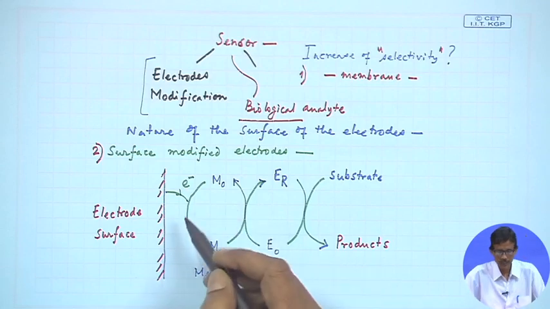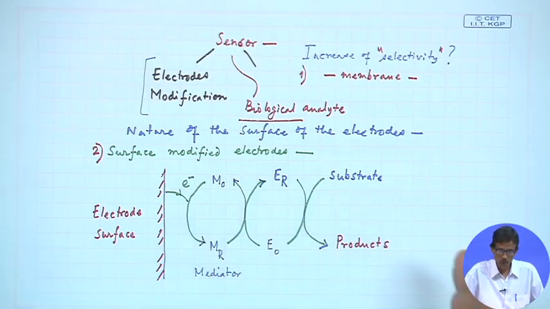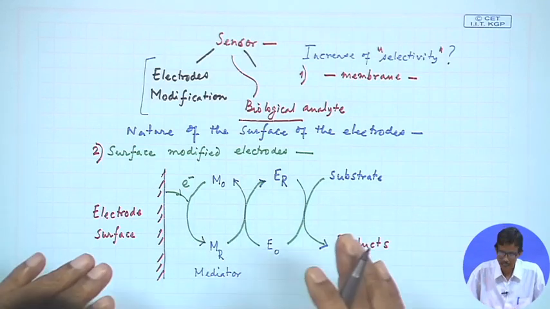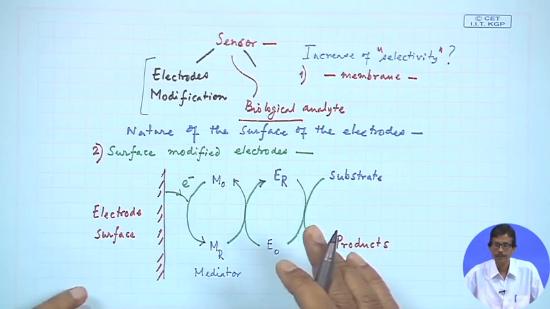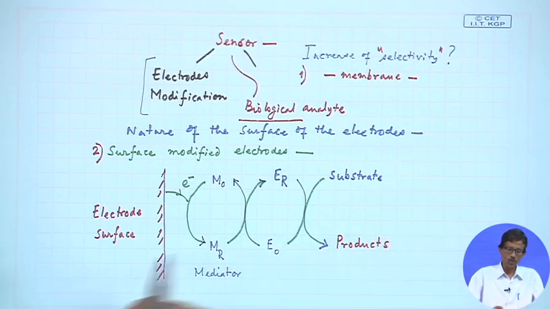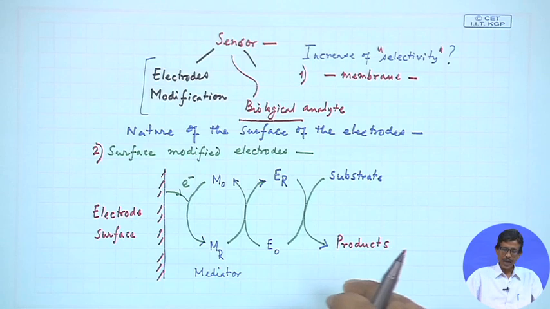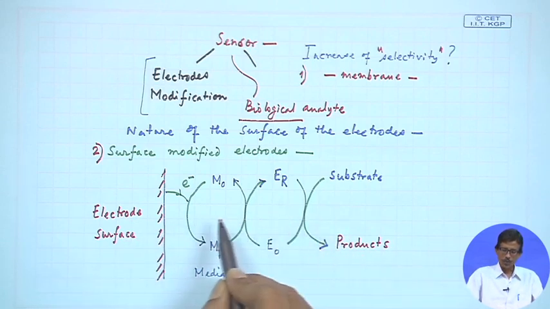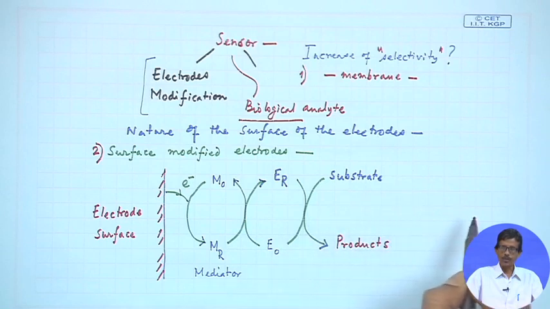So, that is why you use some mediator. That is why we know there are a large number of mediators available in biological systems. Suppose in cytochromes, the cytochrome C oxidase, there are a large number of mediators, and for each and every mediator we have sequentially the corresponding difference in electrode potential values.